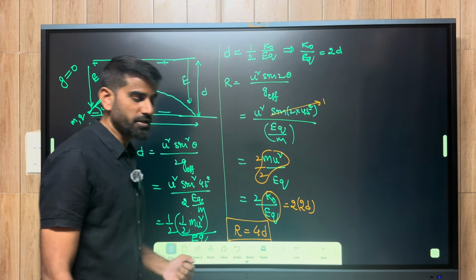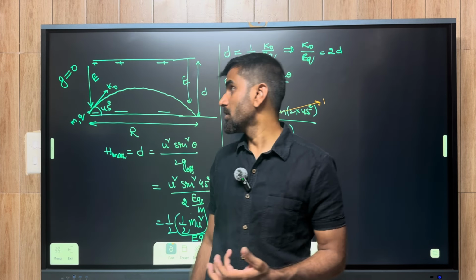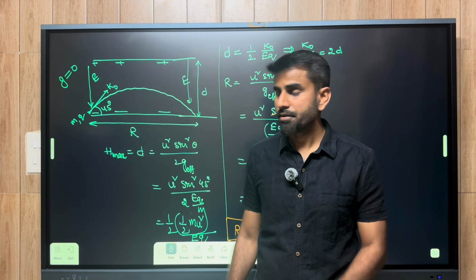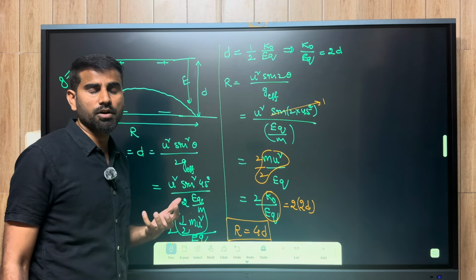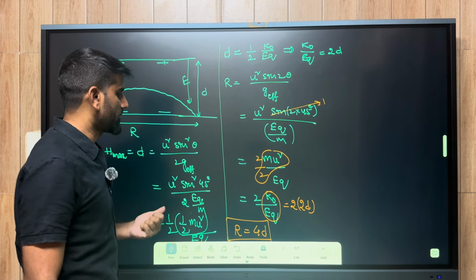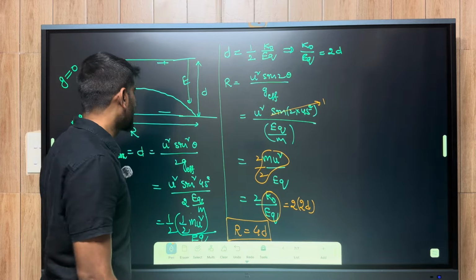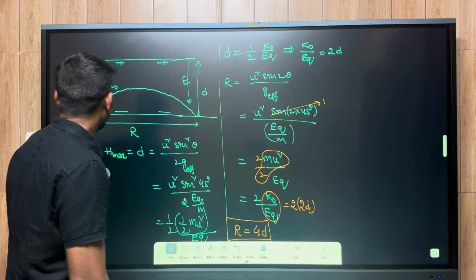Okay, I remember this question actually, which we use motion of a charged particle in uniform electric field to solve it. I think this question has been asked in one of the mains exams, as I can remember. So the final answer is R is equal to 4 times D. I hope this question is clear, right?